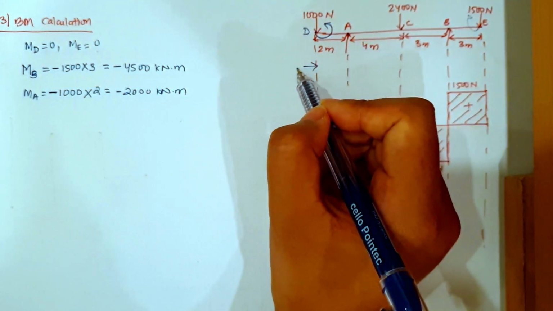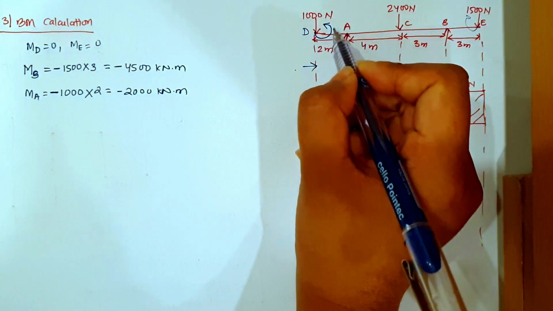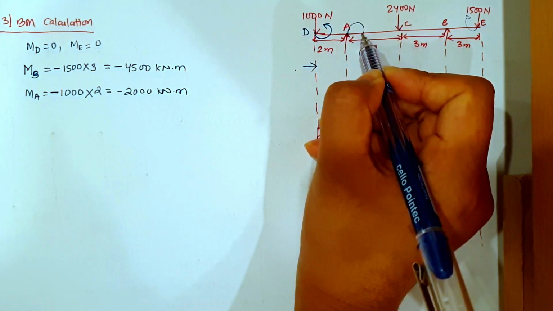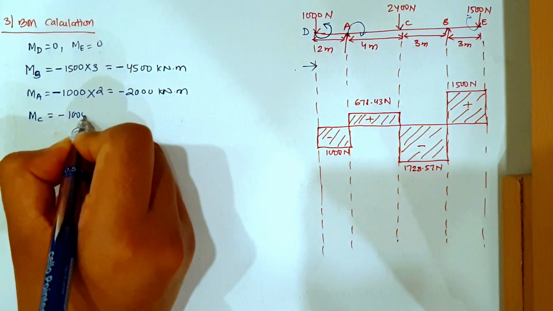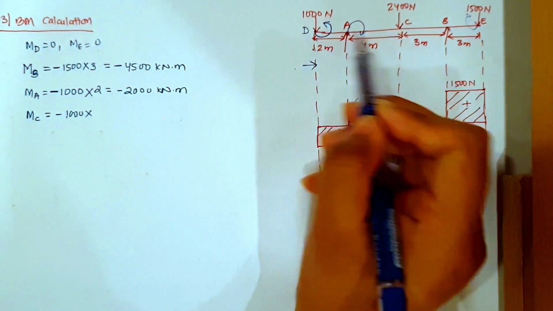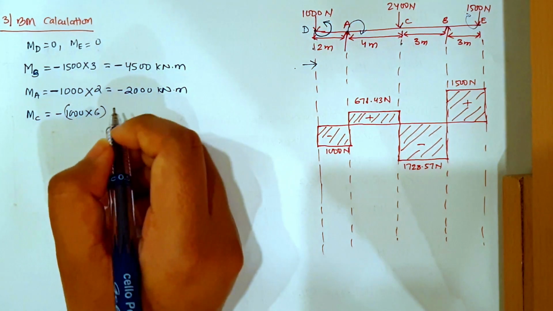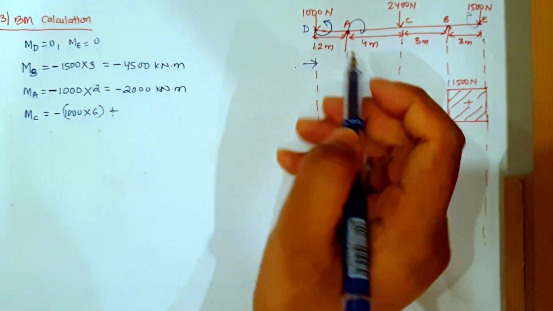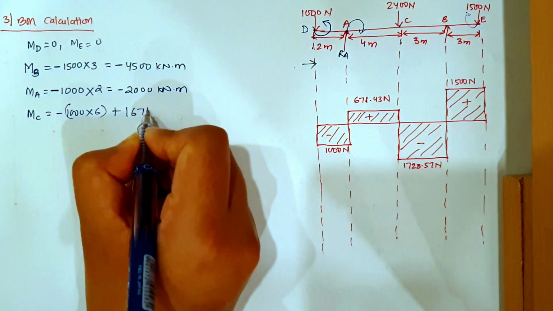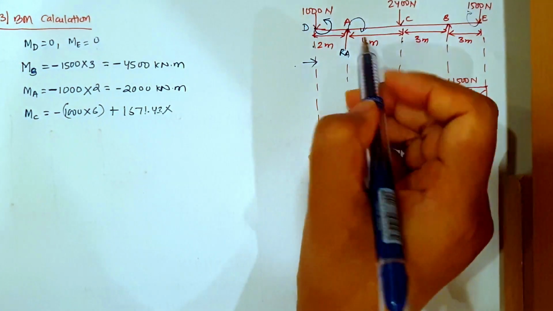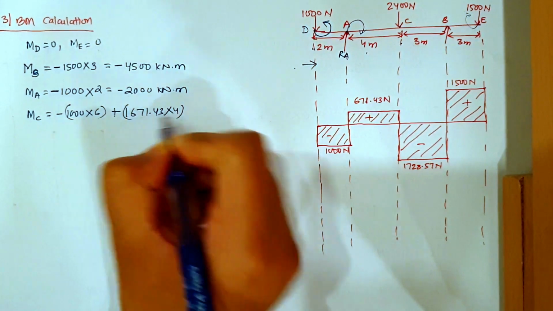Now let's find the moment at point C. I'll go from left to right, so this force will be going in a clockwise direction, so moment at C will be equal to minus 1000 into the distance from D to C, which is 4 plus 2, 6, plus reaction RA, which is 1671.43, into the distance from A to C, which is 4 meters.